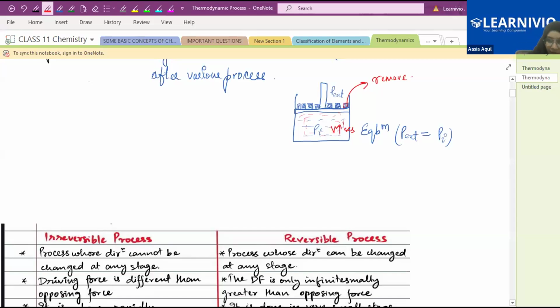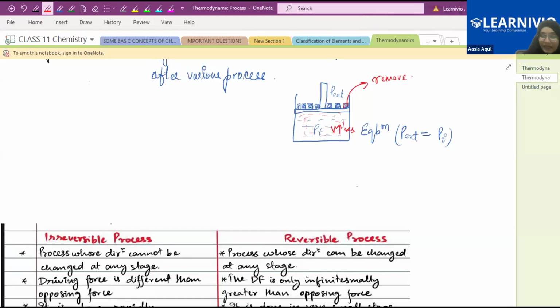Now what happens over here? When the volume increases, the pressure inside will reduce, because the gases are expanding. So the pressure inside will also decrease.